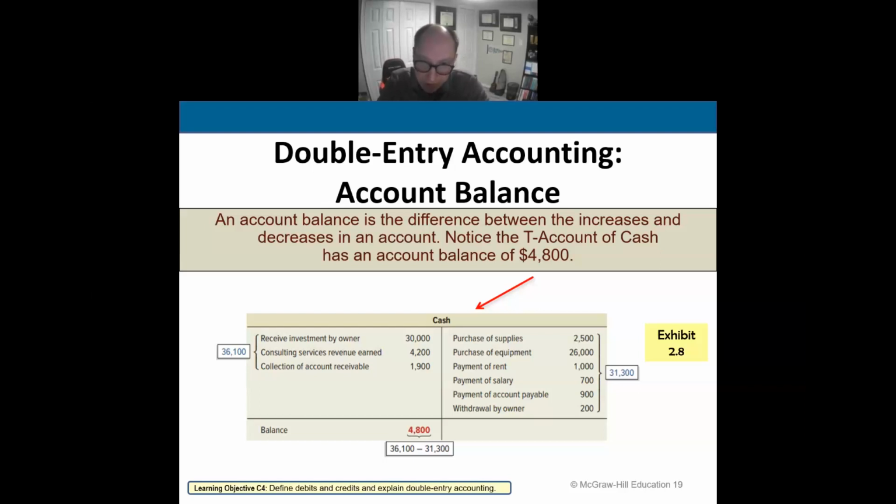On the right side of cash, we're decreasing the cash. Purchasing supplies, purchasing equipment, paying rent, paying salaries, paying bills, paying the owner. Those are all decreases.